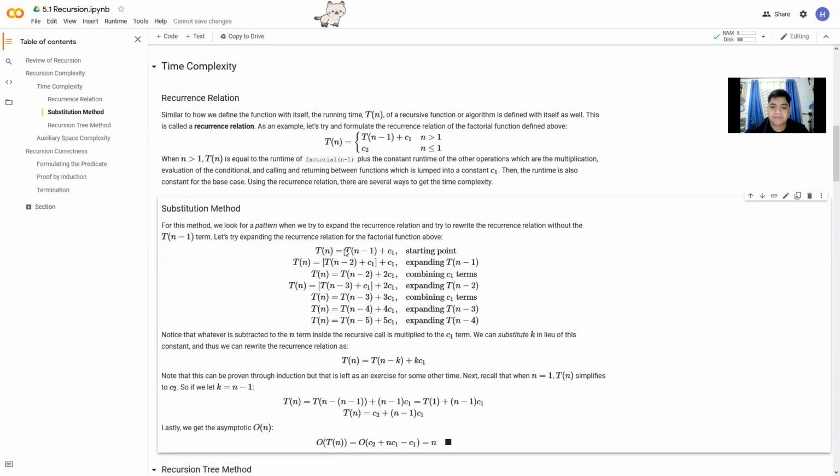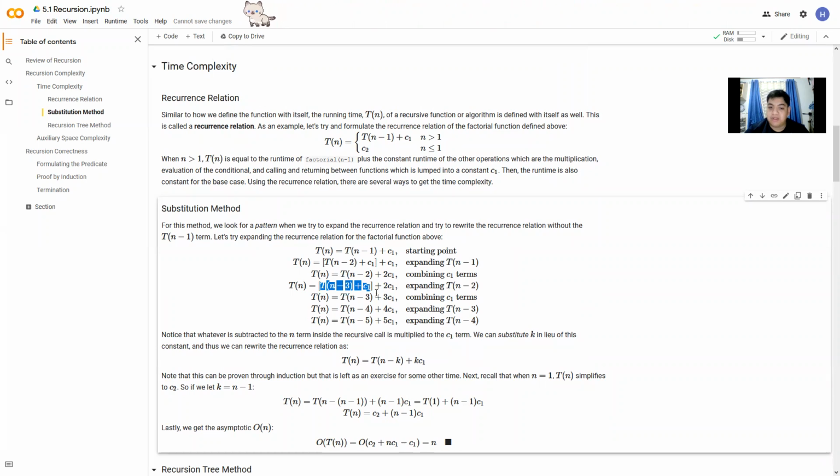So in this case, we first expand T of n minus 1, which should be equal to T of n minus 2 plus some constant c1. And then if we combine the like terms, we get this expression here. Now, if we expand T of n minus 2, we get T of n minus 3 plus c1.